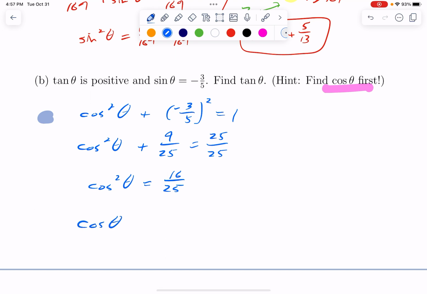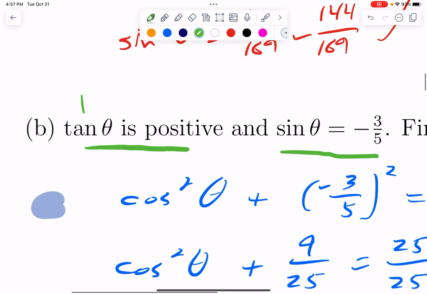So cosine theta is positive or negative square root of 16 over 25. And again, I'm going to pause and ask myself which one. Let's reread the problem. Tangent of theta is positive, but sine of theta is negative. Let's just remember, tangent of theta is sine of theta over cosine of theta.